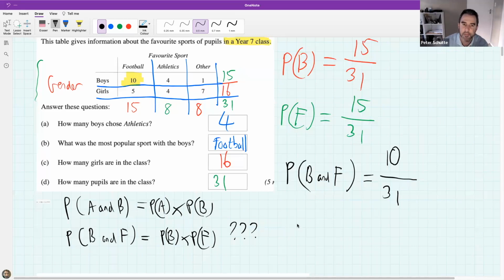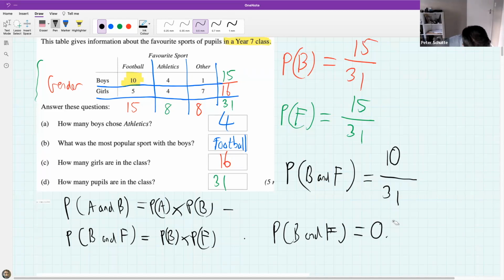Okay, now, if I look at the decimal version of this, let's do this. So probability of B and F, let's put it into decimal because it's a little bit easier to deal with. So I get 10 divided by 31, and if I round off to 2 decimal places, I get 0.32. So just check that you get that as well.